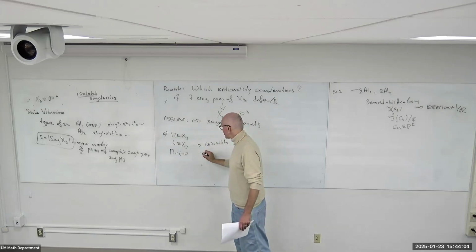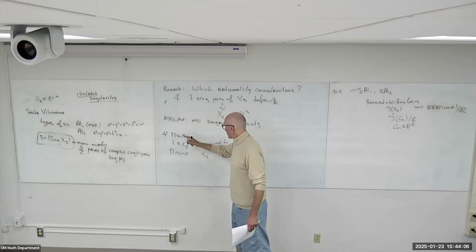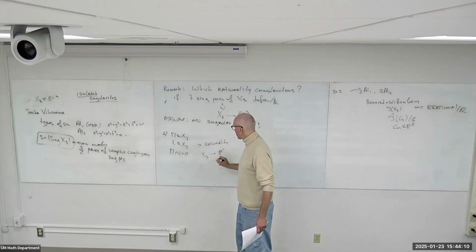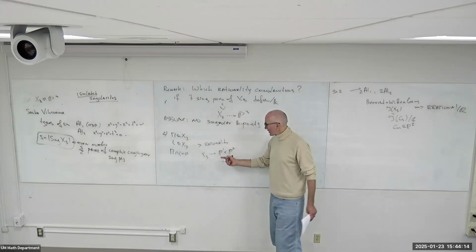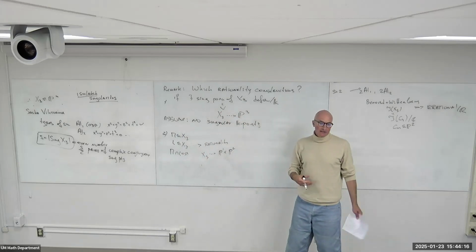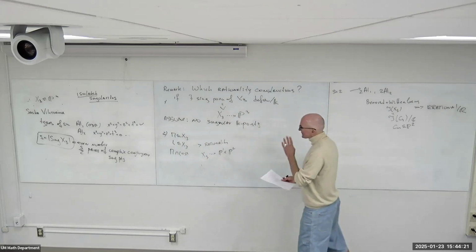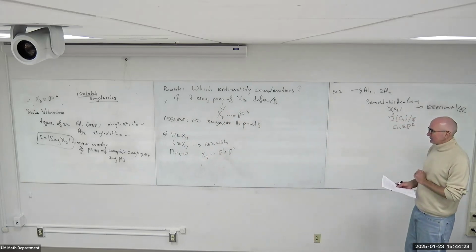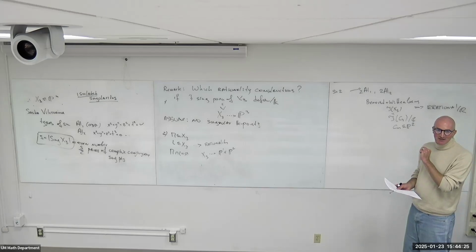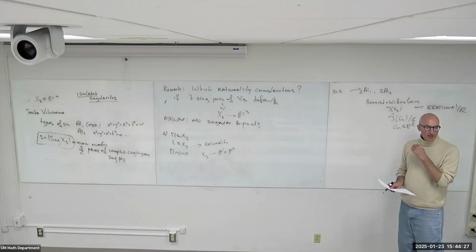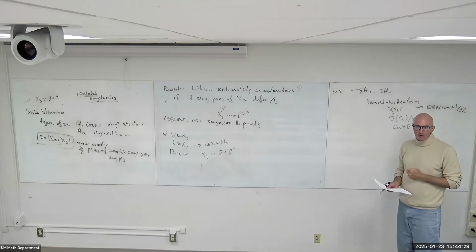You can project from the plane, you get P1, and then project from the line, you get P2. Composing these projections, you get a birational map to P1 times P2. And surprisingly, that is it.